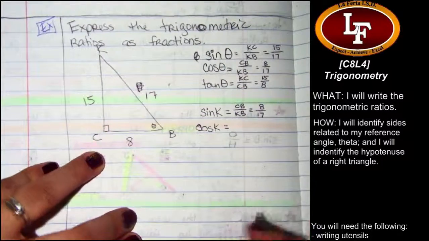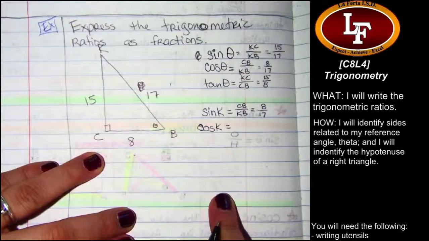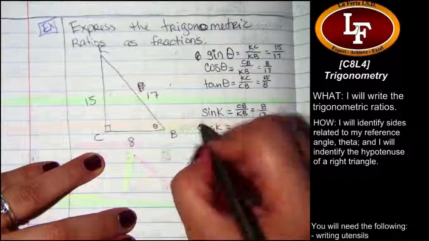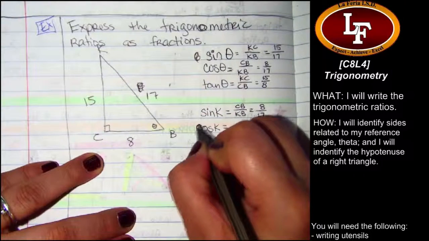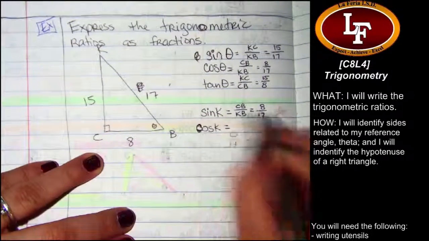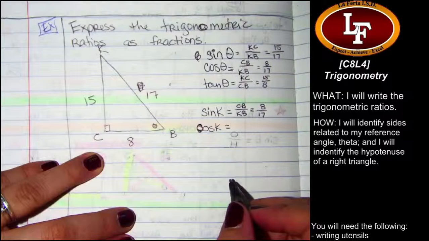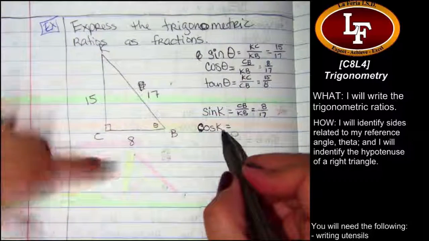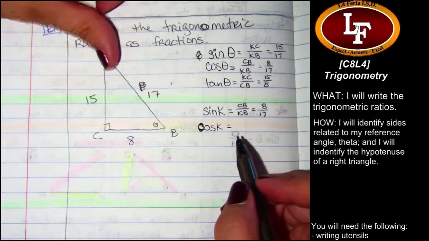What is the cosine of angle K? It looks like it says cos, but it's cosine of K. That's supposed to be a C. We're looking for angle K. So 8 over.